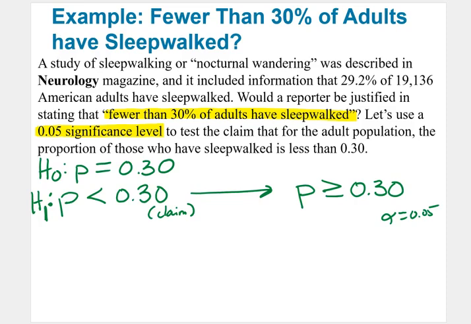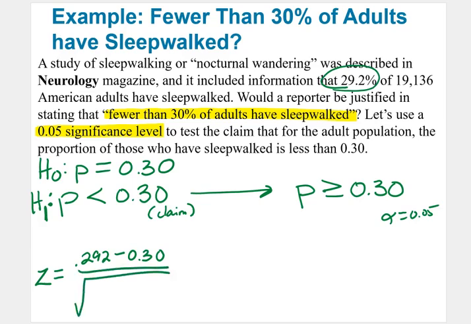Once you've found this test statistic, you can use technology either way. You could even use technology to find the test statistic if you wanted to. I personally like writing everything down. All right, so I'm going to start with my z. So that's going to be p hat, which was, here's your p hat right here, 0.292 minus 0.3, that's our p, divided by the square root of p times q, so that'd be 0.7, all over n.